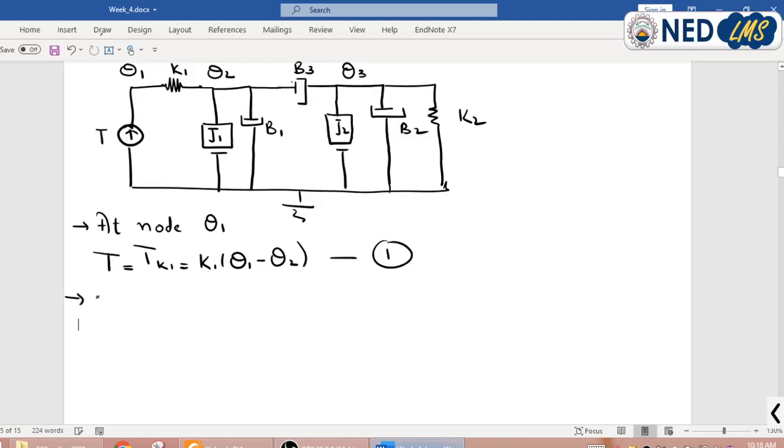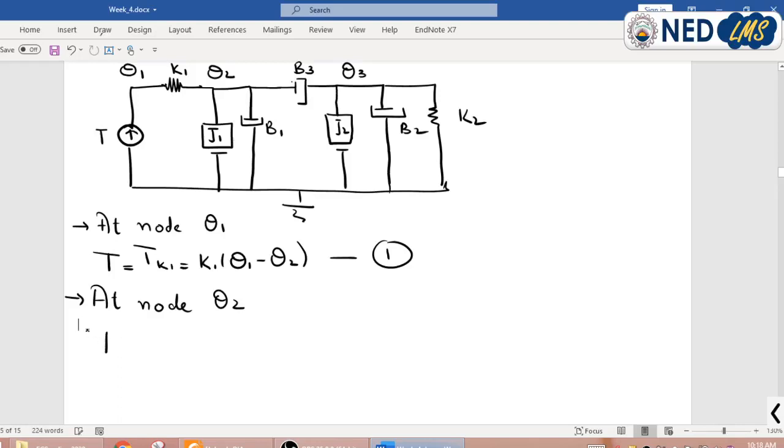Similarly, we can write equations at different nodes theta 2 and theta 3. At node theta 2, the input force is this force due to the spring and these are the reactive forces at node theta 2.